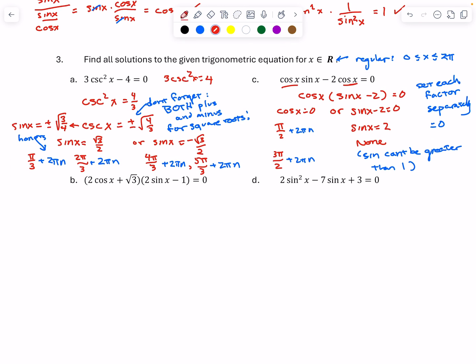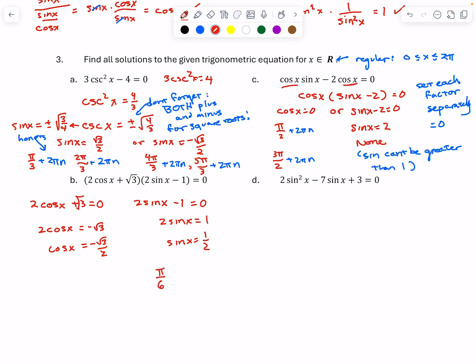All right, set each factor separately equal to 0. Oh, sorry, root 3. Sine of pi over 6 is 1/2.